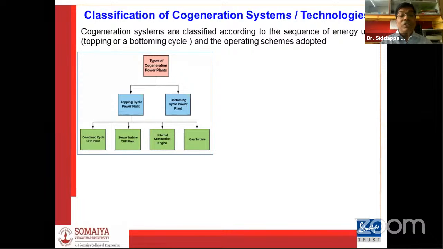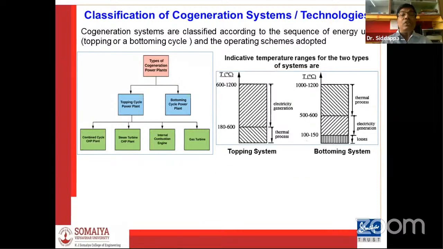Now, why is it called topping and when is it called a bottoming system? Generally, in terms of temperature levels, there are some necessities. Initially, I may use thermal energy for different processes, like in casting, melting systems or furnace industries, where we use high thermal energy initially for applications.